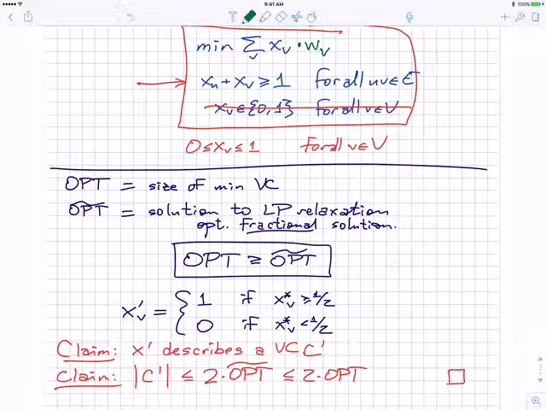So instead of size, I actually want weight. And that is the only thing I need to change.